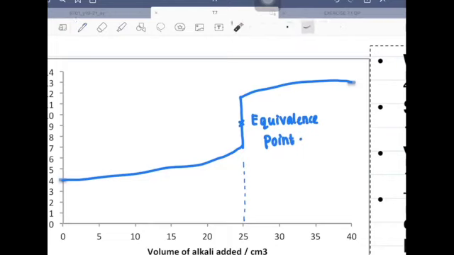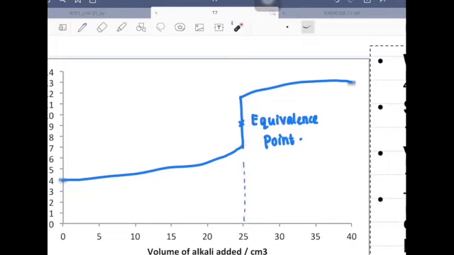But the most important thing is that we want to choose an indicator that changes color near, if not on the equivalence point. Usually if the indicator changes color inside the vertical region, that's good enough for us, because the vertical region is the volume at 25 centimeter cube. So that's the volume of neutralization.